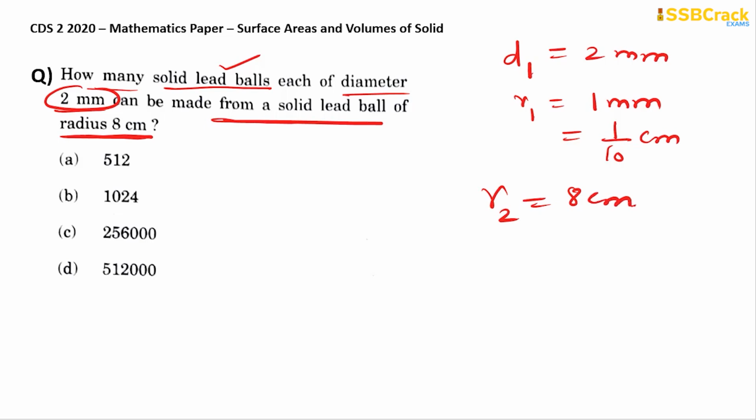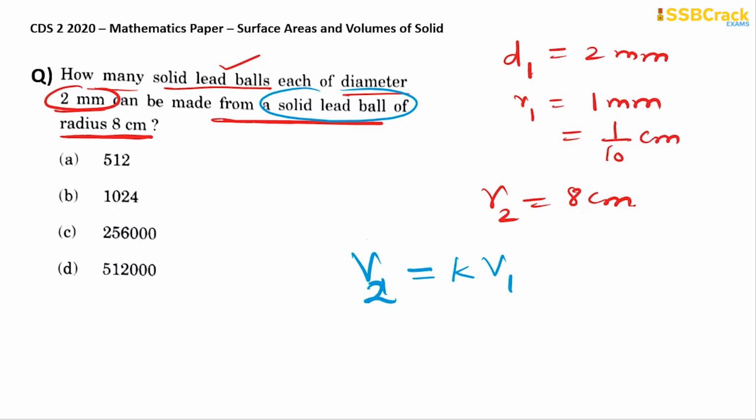It is in centimeter. We again use the equation for recasting, so volumes are getting converted. The volume of the bigger solid lead ball, V2, will be converted into K times V1.